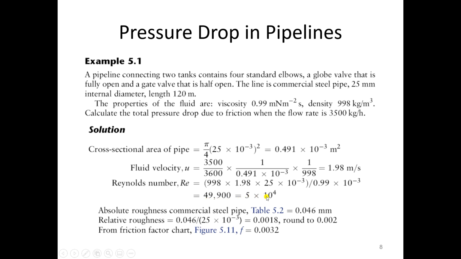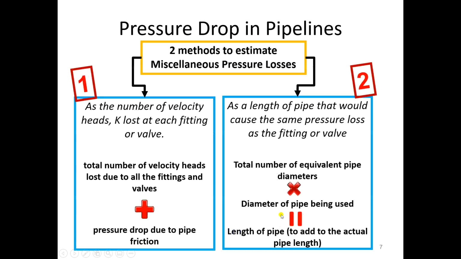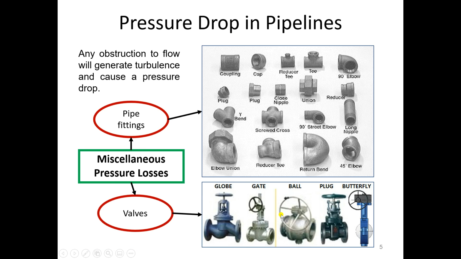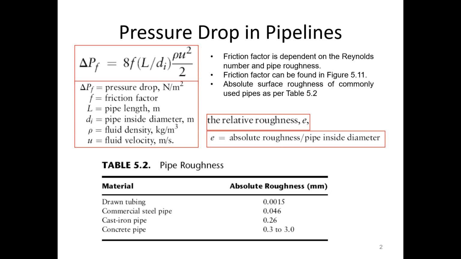Okay, so the pipe that we're using here is, as mentioned, commercial steel pipe. So we refer to table 5.2. Go and find table 5.2. Where is it? Okay, this is table 5.2.